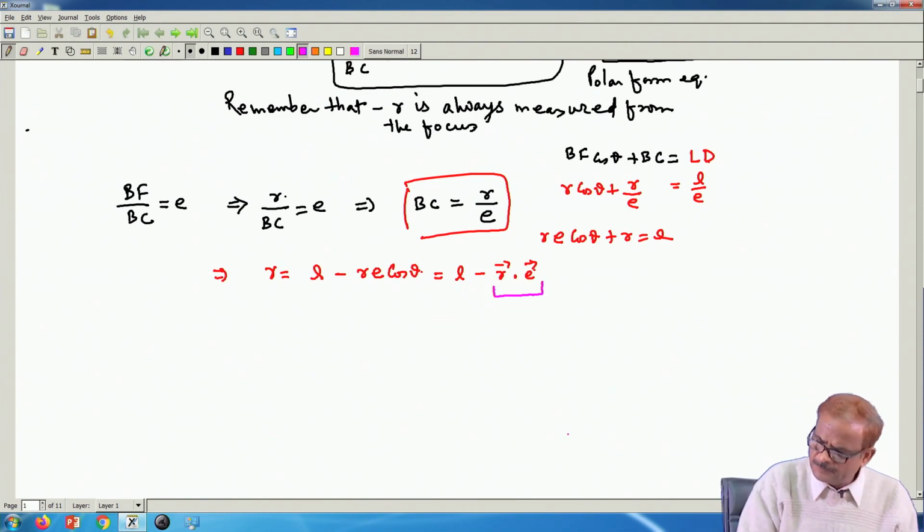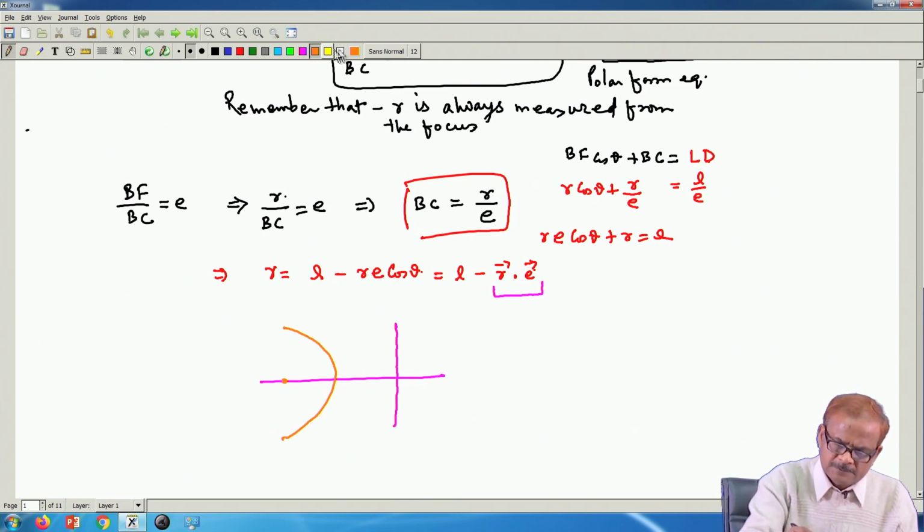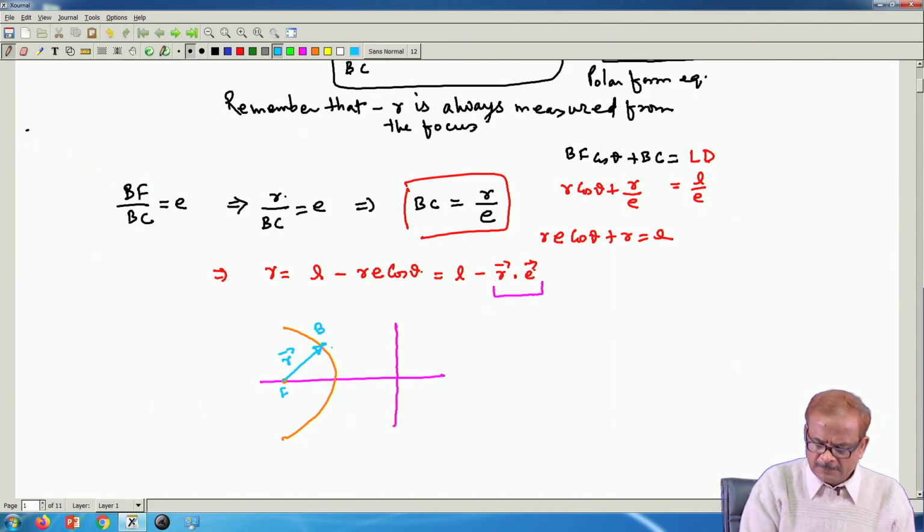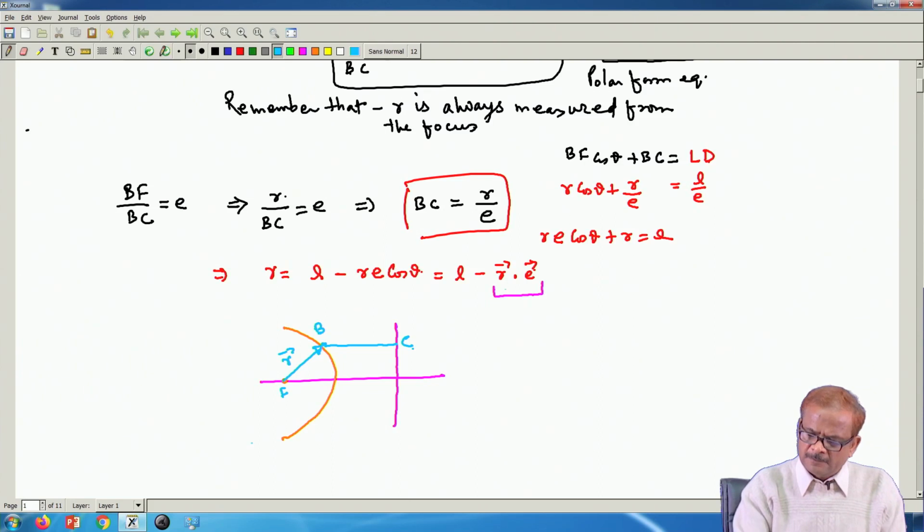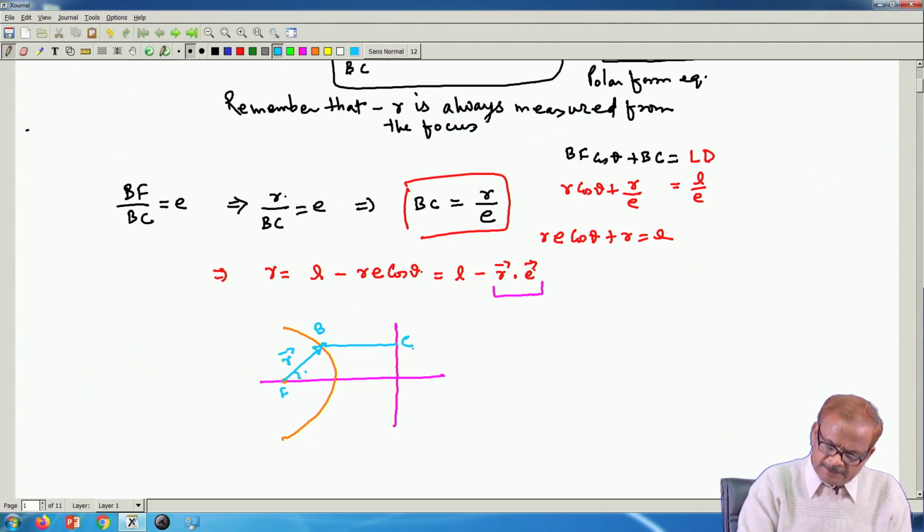So, let us draw another figure. If this is the focus, this is your R vector. This point you have taken as F, and this we have taken as B, and here we have taken this as the point C. So, this is your R vector, and theta angle we have indicated like this.